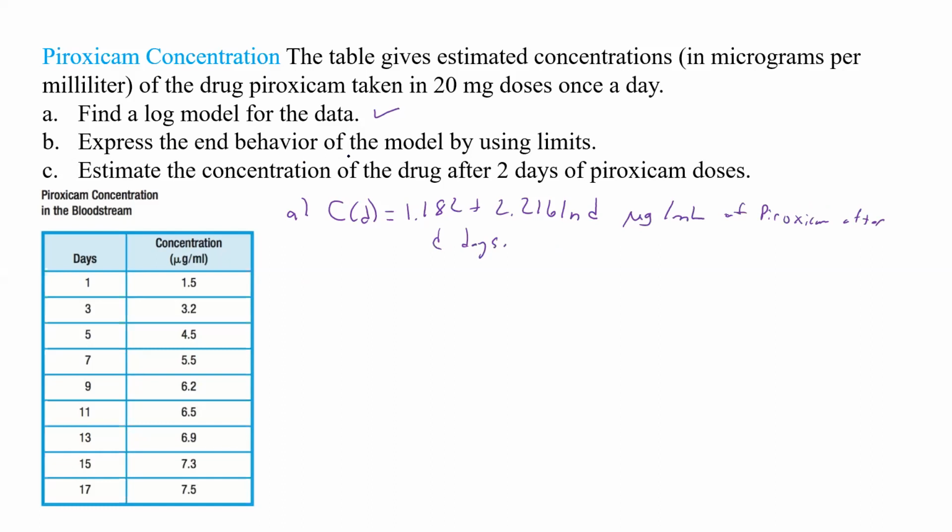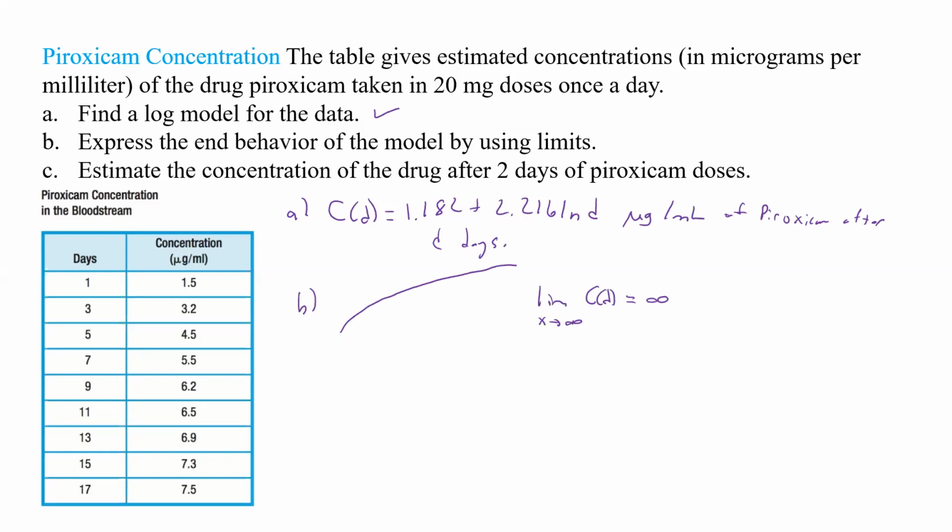Now we express the end behavior of the model by using limits. Well, as we have one day, it goes up and it keeps going up. And if we remember how log plots work, they're just going to keep going and going and going. And so for B, what we're going to say is the limit of our C of D as x goes to infinity is going to be infinity, because as we keep going this way, it's going to keep increasing. And so it's just going to keep going up and up and up.